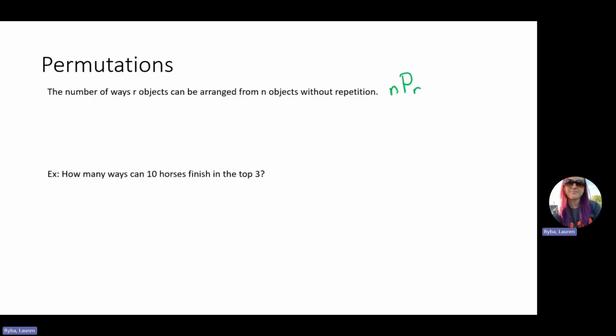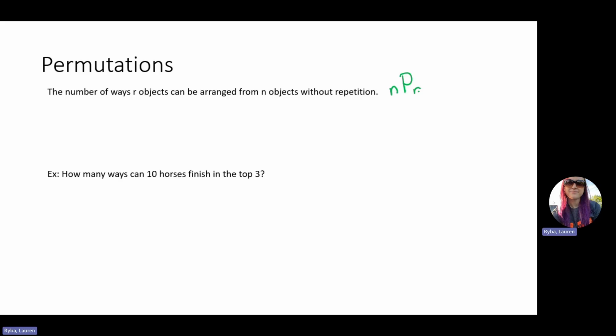You write how many total objects you're working with, the P stands for permutation, and r is how many of those objects I am taking.